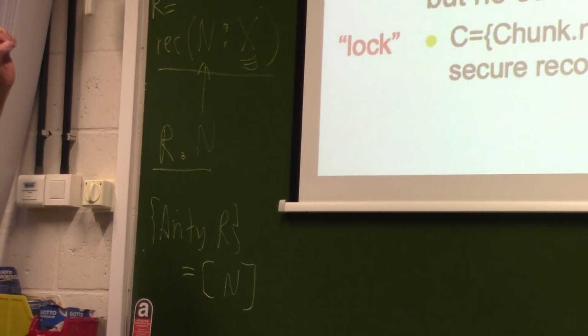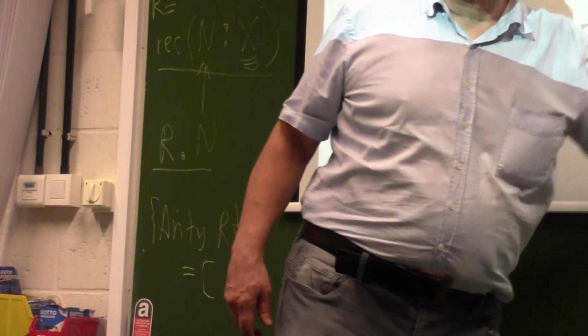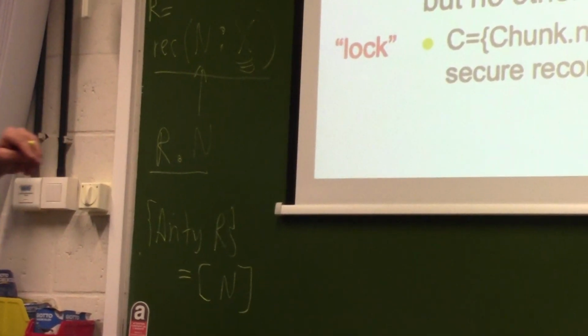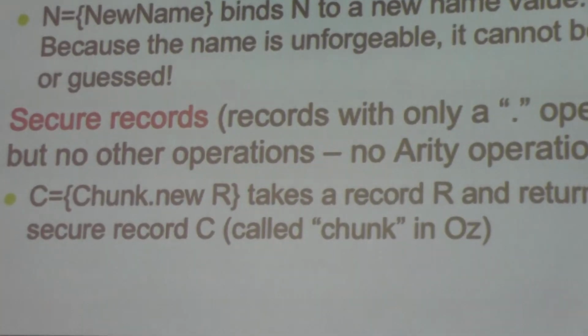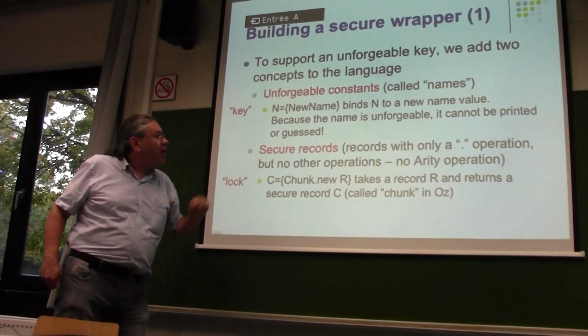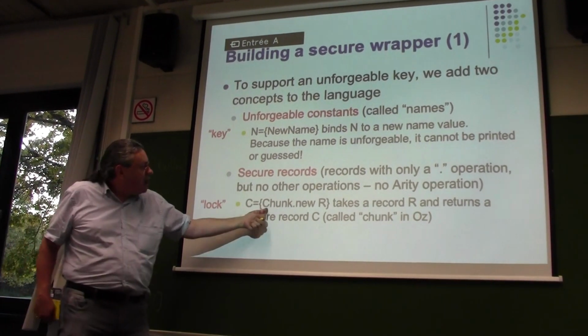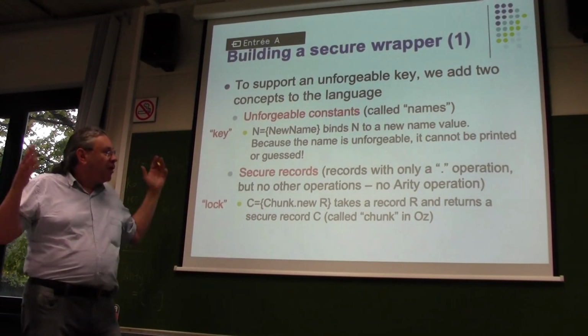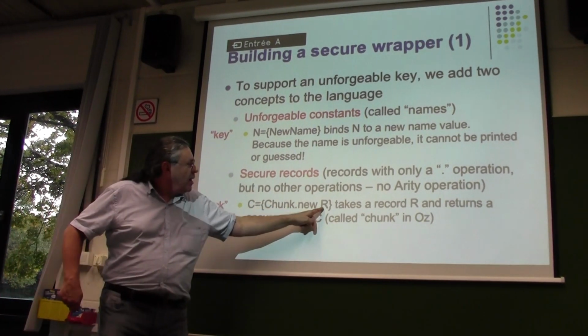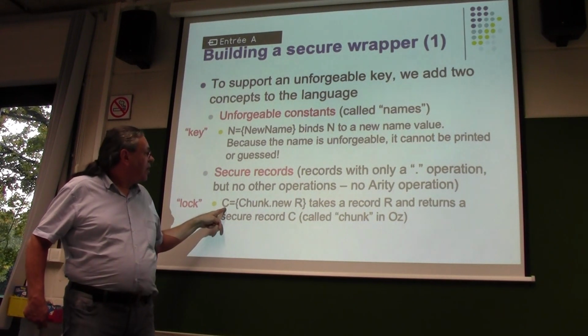So the idea is that you have a version of the record type which only has the dot operation, field selection. It has no other operations, so it's a kind of restricted record, which I would call a secure record. In Oz this is called a chunk. So I take any record and I can convert it to a secure record.